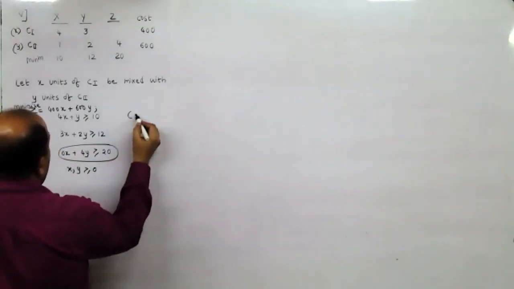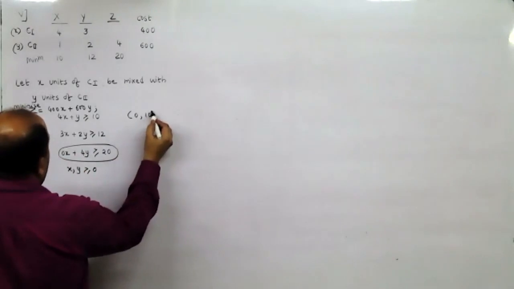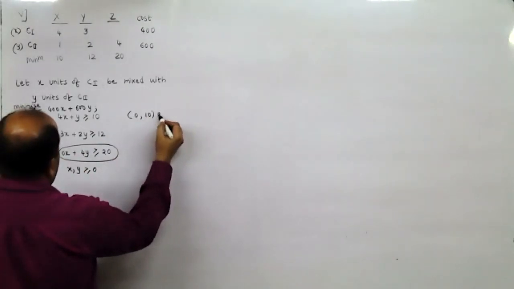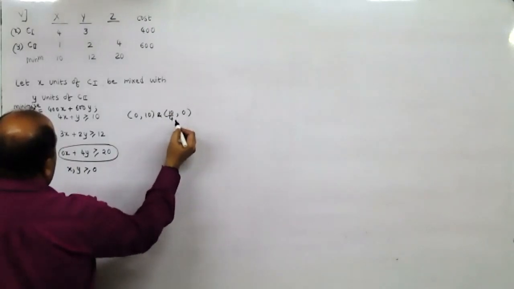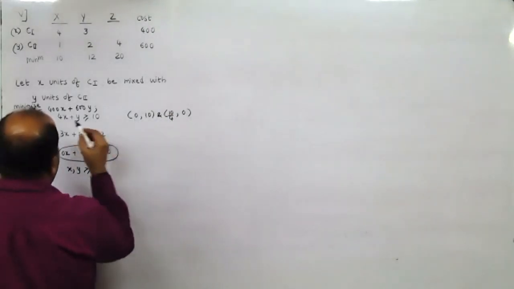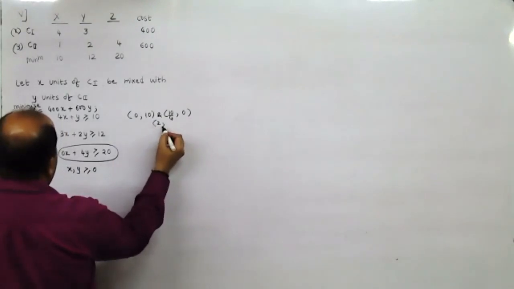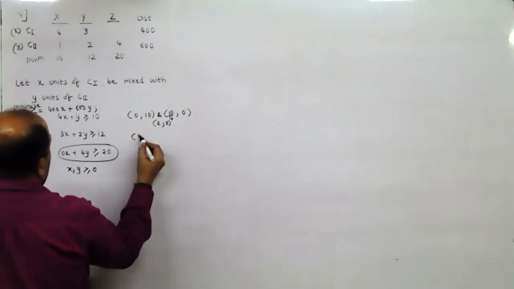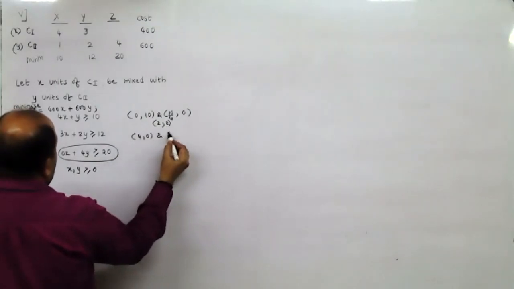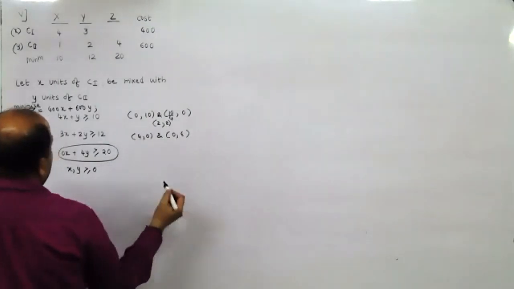This would be 0, this would be 10, and when I put this as 0, this would be 10 by 4, that is 5 by 2. I'll take this as 2. When I take 2 here, 4 2s are 8, I'll get 2 here. 3 into 4 is 12, here 0, comma 6.